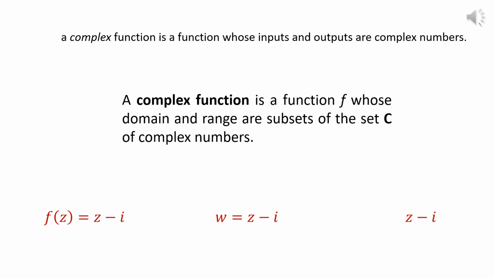Conventionally, a complex function can be denoted in either of these ways. So z is the complex variable. So f of z is the complex function. So f of z is equal to z minus i, or f of z can be represented by w is equal to z minus i, or simply the function can be expressed as z minus i.